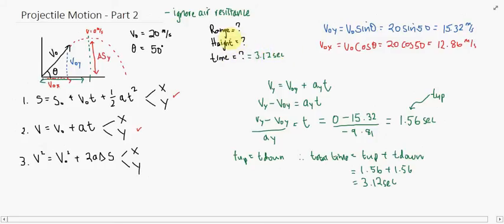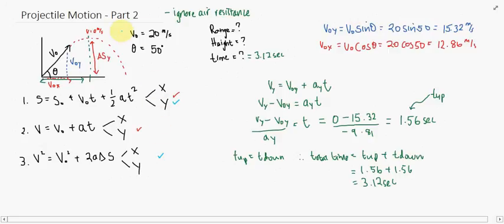Okay, so how high will this object ultimately go? Well, I'd need some equation that can allow me to factor in the change in displacement. So I have two formulas for that. The first one is equation number 1, and the second one is equation number 2.